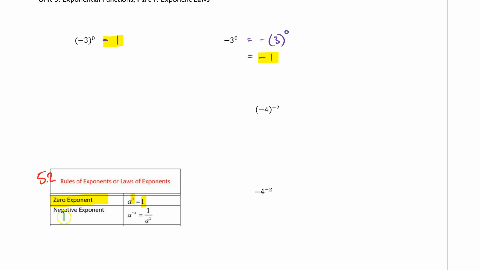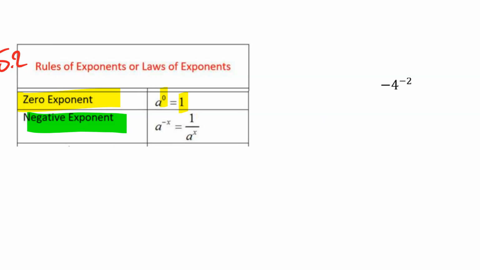Let's talk about a negative exponent. What if you have a negative exponent? The negative exponent rule means a base to a negative exponent is the same as the reciprocal to the positive exponent.